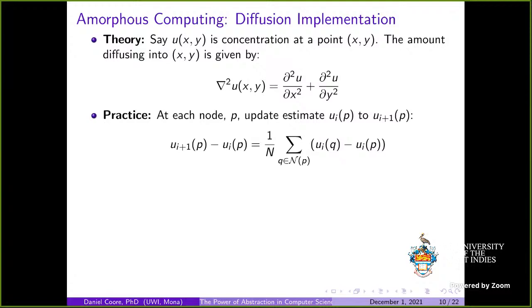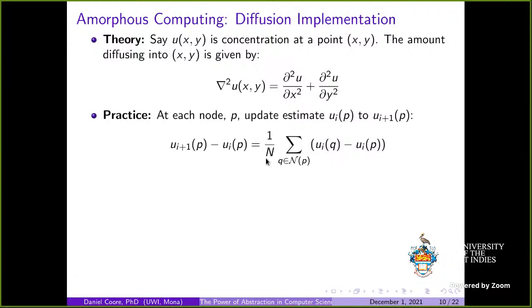And this estimation, which I've written out here, and don't worry about trying to understand it if symbols scare you, basically says: if you have a current estimate of what the concentration is where you are right now, ask all your neighbors what their estimate is and take the difference between what they have and what you have. That's what this term is. Add up all those differences and then scale.